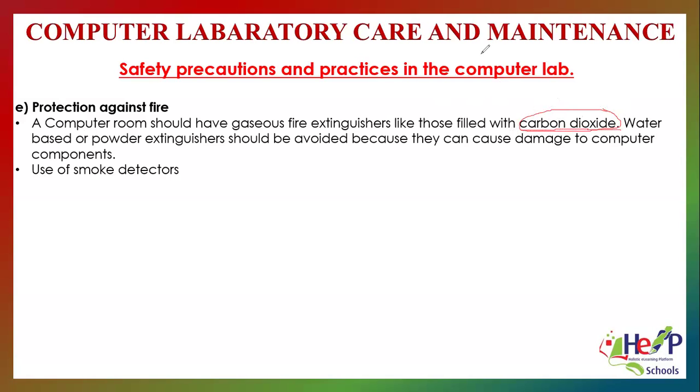Anyway, we may not go so much into the chemistry details, but at least the primary or secondary chemistry that I know, science, is that when you introduce carbon dioxide gas, the fire goes off. The explanation can be got in chemistry for those who are going to do chemistry at A level or who are already doing. So don't use powder, or don't use the one for water.